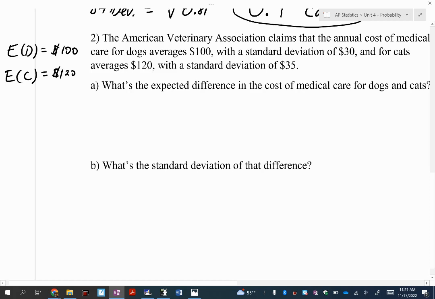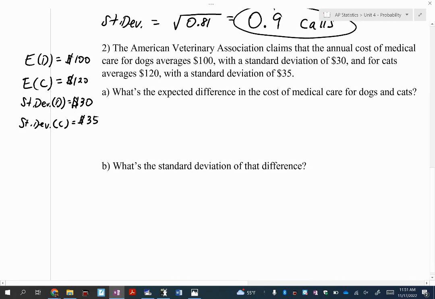All right. It does give us the standard deviation for dogs, which is $30. And the standard deviation for cats is $35. You don't have to write that on the side. I just do that for purposes of reference.